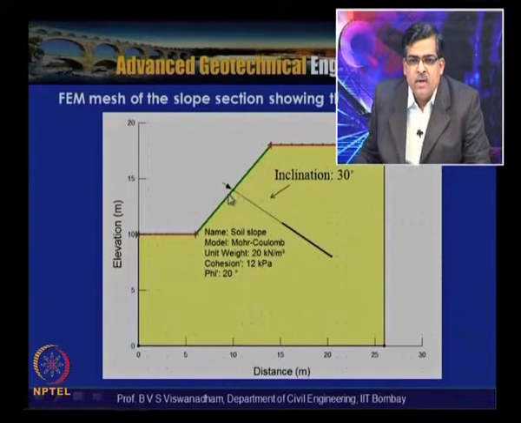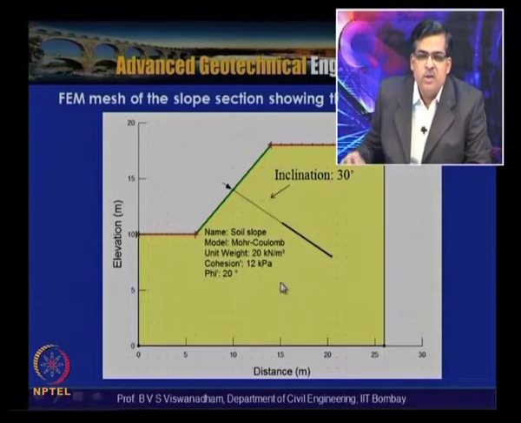Here is the plate which is placed, and the slope configuration is shown here, with the horizontal distance and elevation. The model is Mohr Coulomb, the unit weight is 20 kN per meter cube, cohesion 12 kilopascals and friction angle about 20 degrees. The analysis was done for comparison purposes with and without anchor.